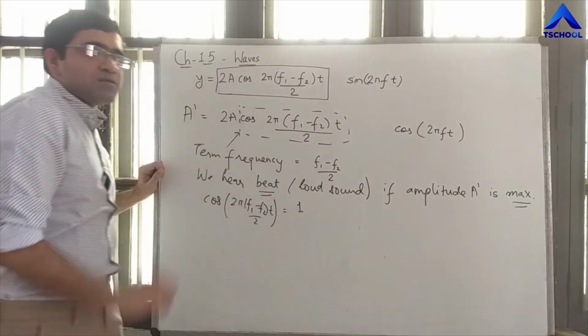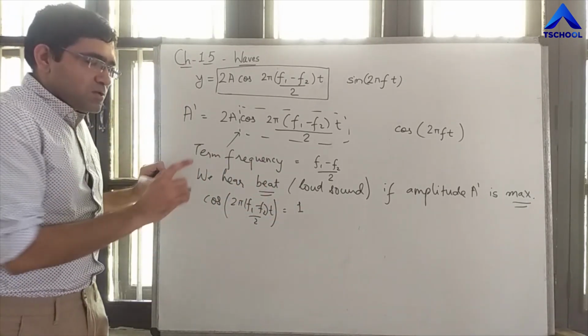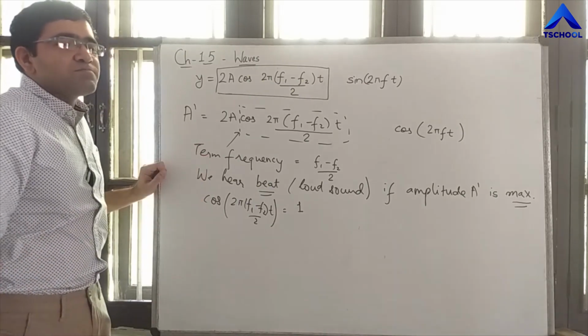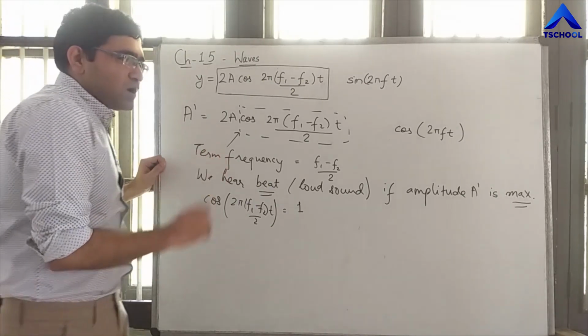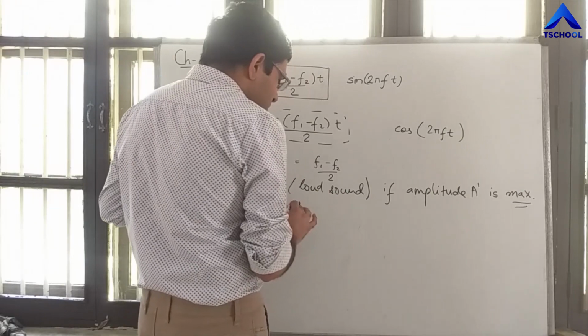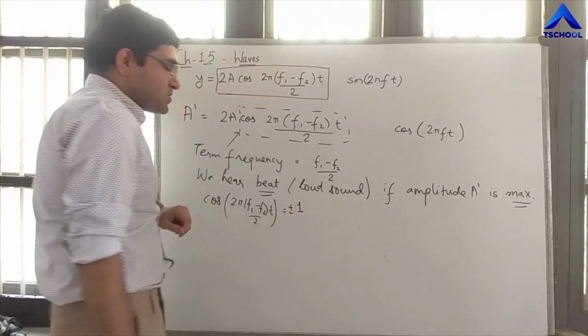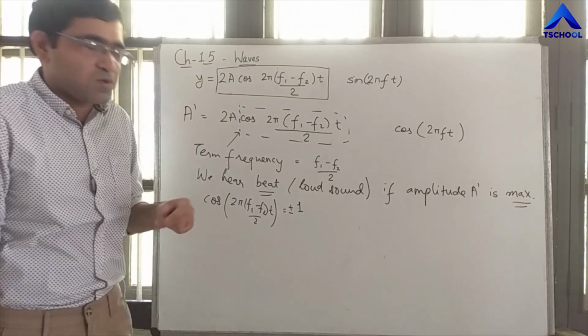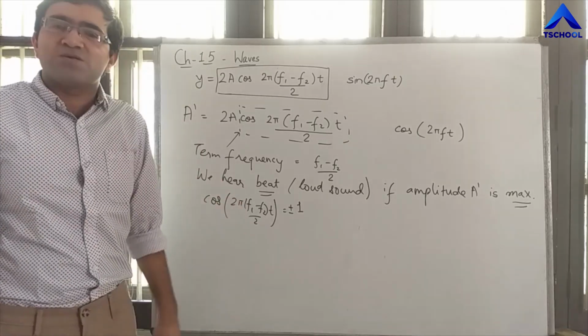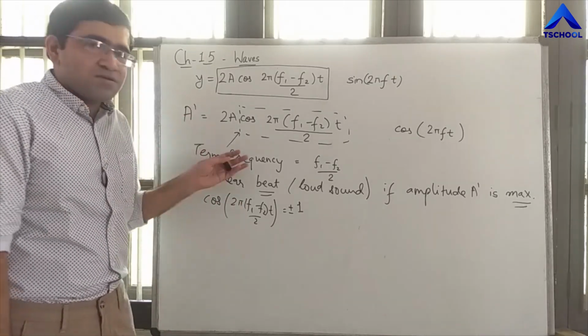But that's not all. There is one thing that is being missed out here, and that is that it's also possible that the value of cos is negative, that is minus 1. So even in that case you are going to get a beat.